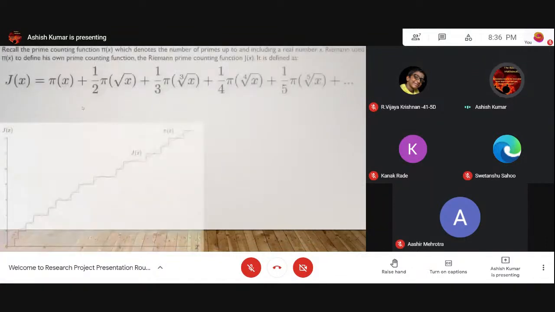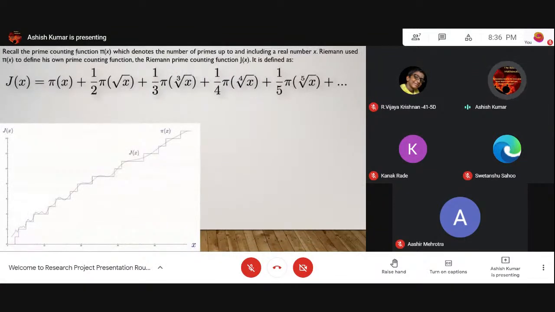And this is the prime counting function. The prime counting function and a function like this given by Riemann help in finding the zeros of the Riemann zeta function. The pi of x is actually a function. For example, pi of 10 means the number of prime numbers less than 10, that is 2, 3, 5, and 7.